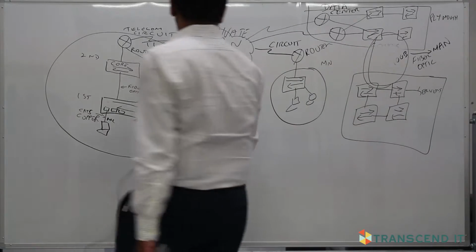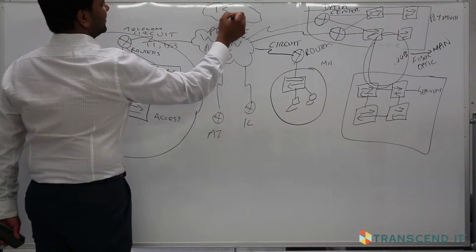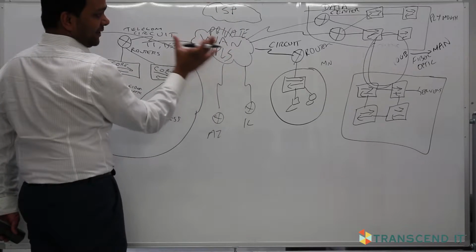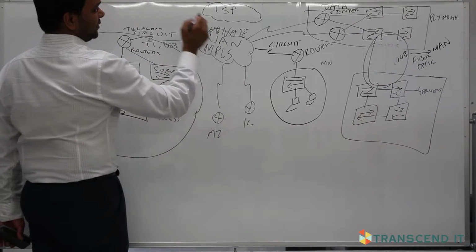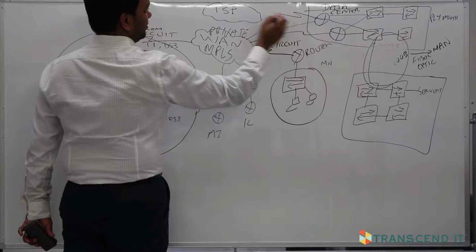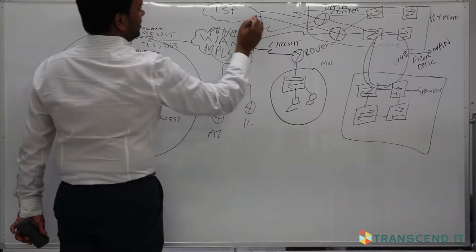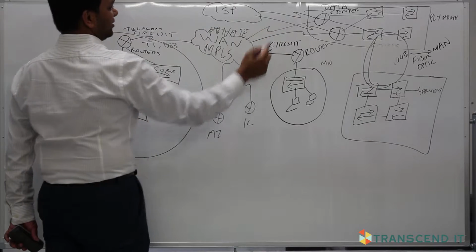So somewhere over here you're going to have an internet service provider, which is different from your MPLS provider, right? So that's for your private circuit. So this is the public internet, and you're going to have a router or two routers at your data center that is going to have a connection to here.